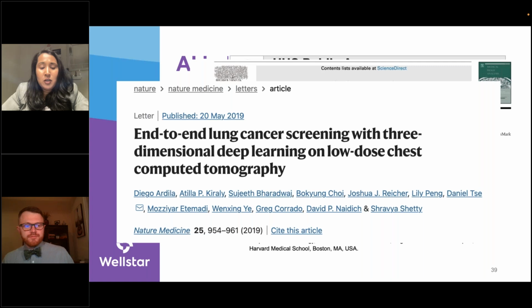There's been studies that have looked at how efficient AI models are when it comes to detecting lung cancer, malignancy with lung cancer. There's also talk about using AI to reduce potential errors that may exist with variability when it comes to radiologists reading the scans.